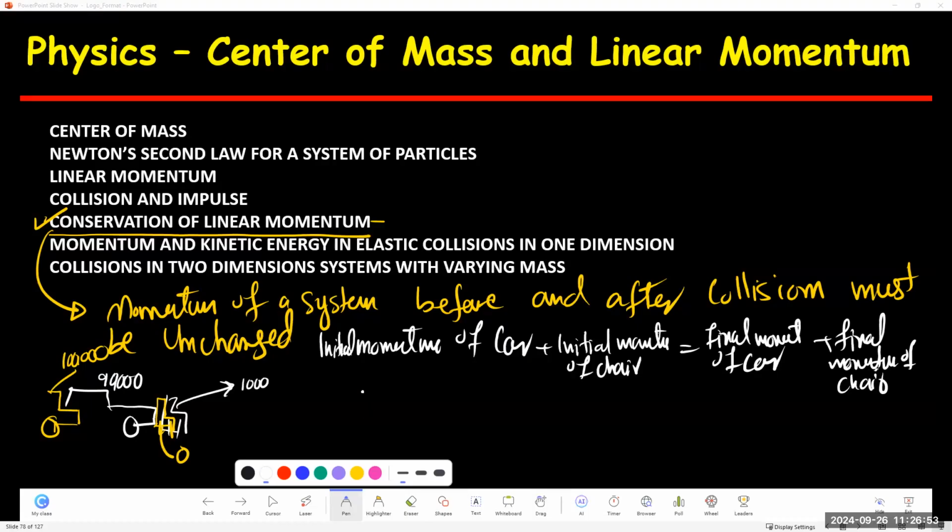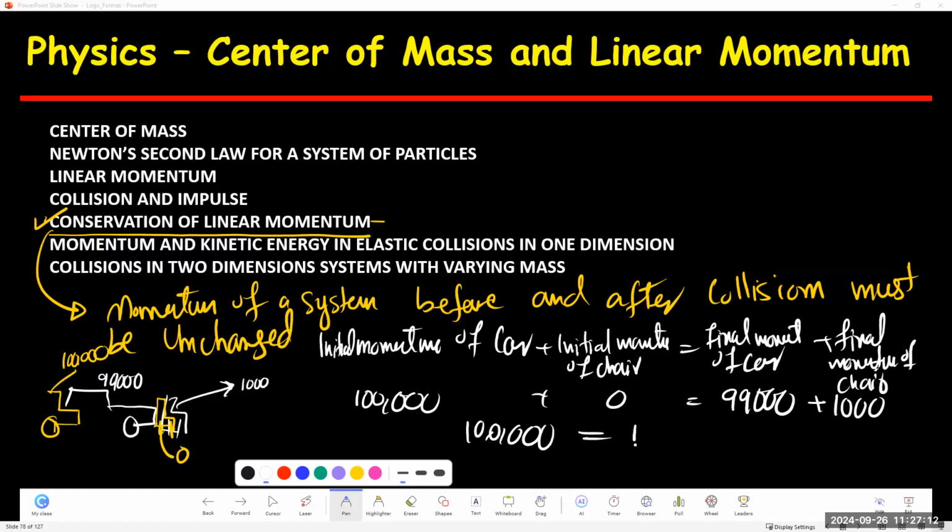Let's substitute the numbers. Initially the car was 100,000, the chair was 0. Now the car is 99,000 and the chair is 1,000. If you add them, both sides should be equal.